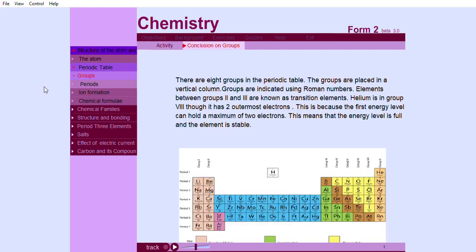There are 8 groups in the periodic table. The groups are placed in a vertical column. Groups are indicated using Roman numbers. Elements between groups 2 and 3 are known as transition elements.